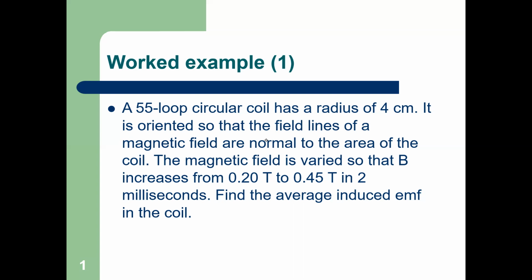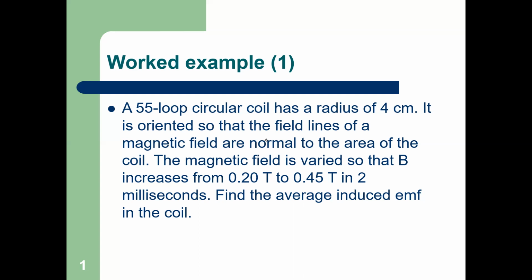In this class, we'll be looking at some worked examples which you are expected to note and work on after the class. And when she's around on Thursday, she will shed more light. So this is an example saying that a 55 loop circular coil has a radius of 4 centimeters.